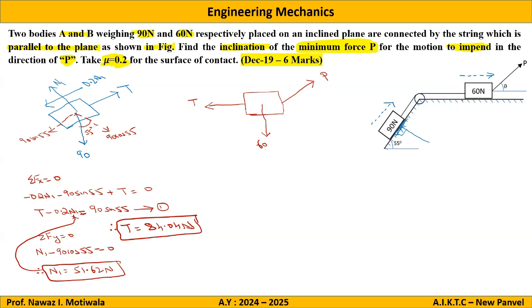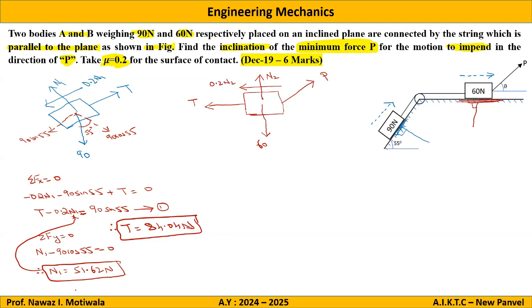Reaction from contact surface: as the surface is horizontal, the reaction will be vertical, perpendicular. So here I will show it as perpendicular, let us say N2. And as the block is moving towards the right side, friction will go towards the left side with a value of 0.2 N2.